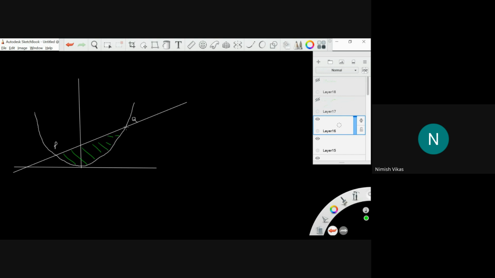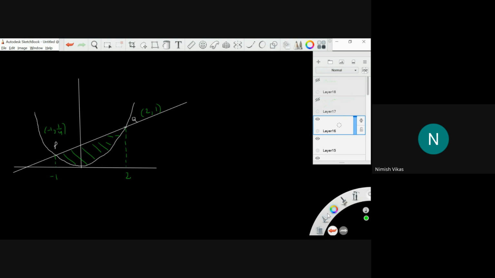So point Q, what was point Q? It was 2 comma 1, right? So here x is 2. This is point P. Point P was minus 1 comma 1 by 4. So here x is minus 1.